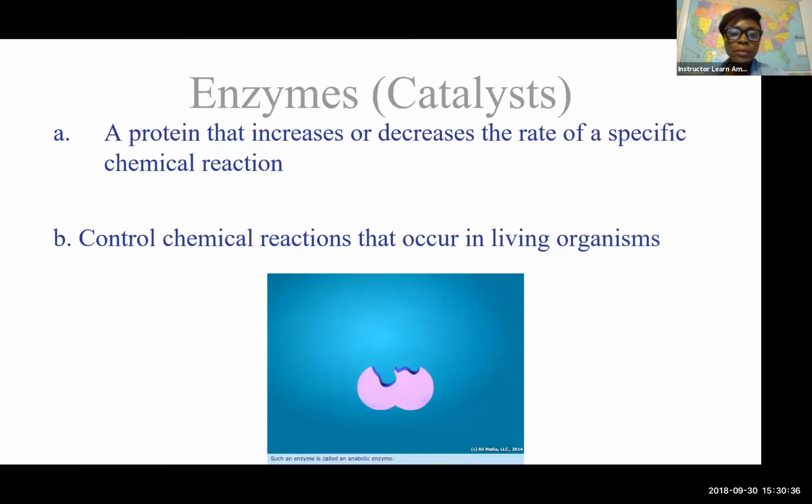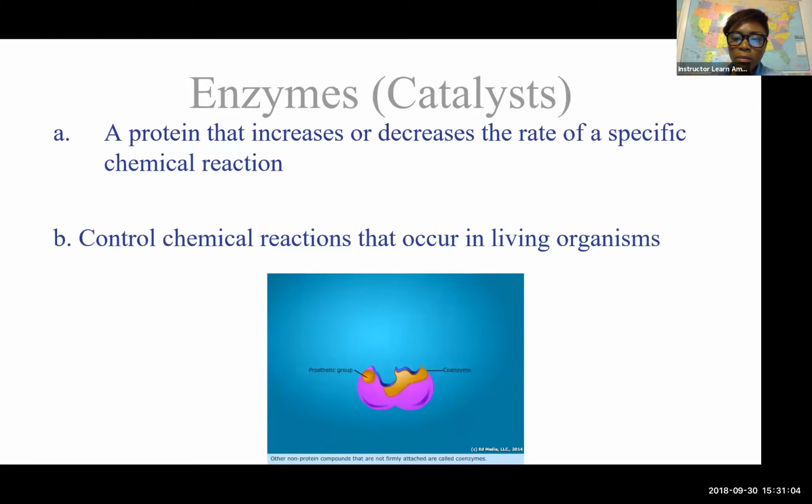Such an enzyme is called an anabolic enzyme. Similarly, when a single substrate binds with the catabolic enzyme, it results in the formation of two products. Many enzymes require the assistance of other compounds in order to become activated. Some of these compounds will firmly attach to the enzyme.